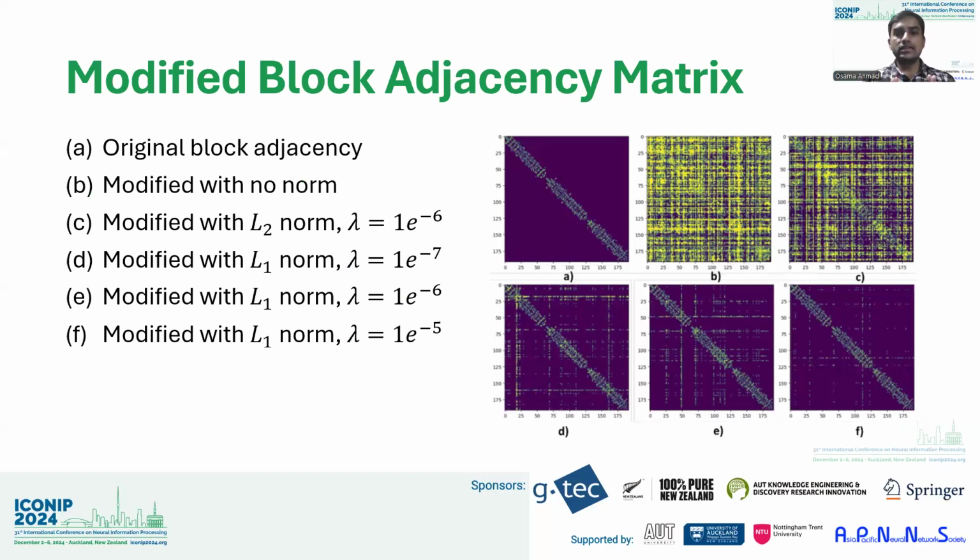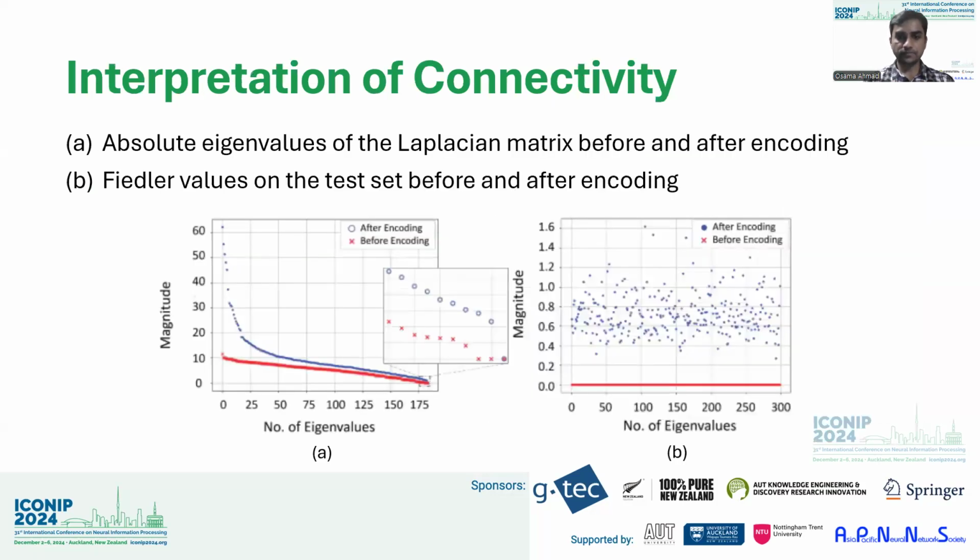So these are the modified matrices on C2D2 evaluated on different settings of parameters, like L2 norm, L1 norm, and different penalty terms. As we can see, with the L2 norm we get a relatively higher number of connections in comparison to the L1 norm. So what is the interpretation of these connections?